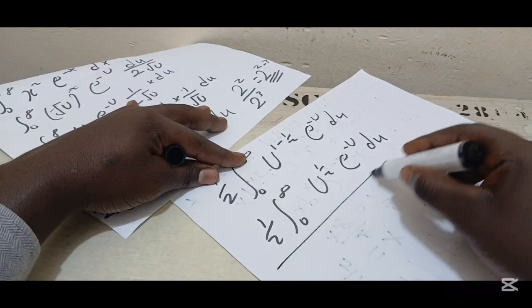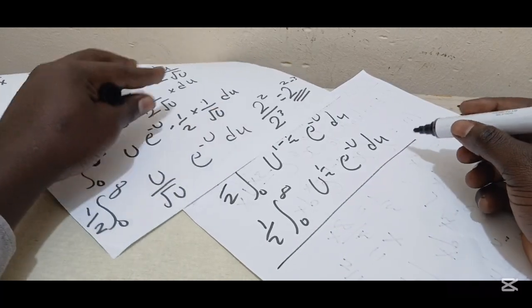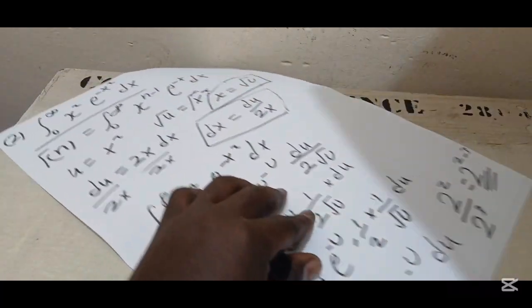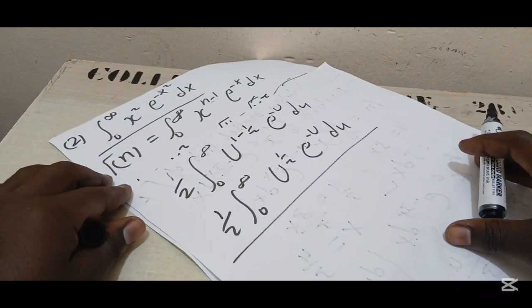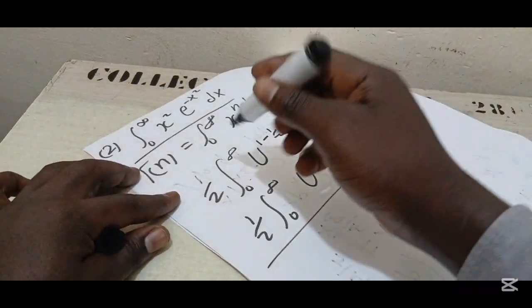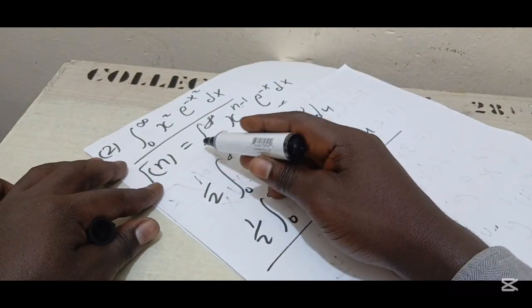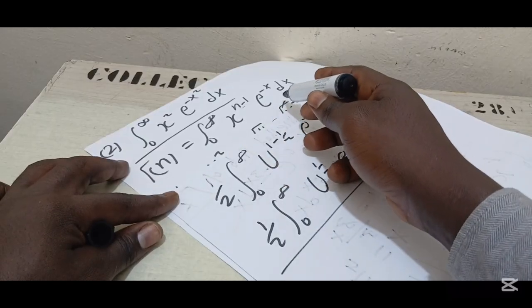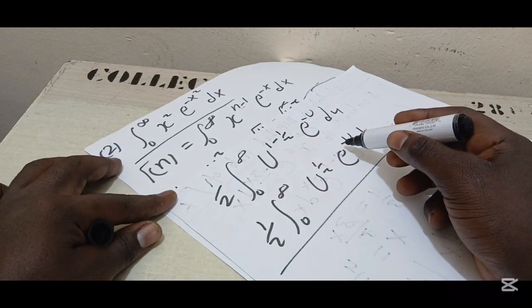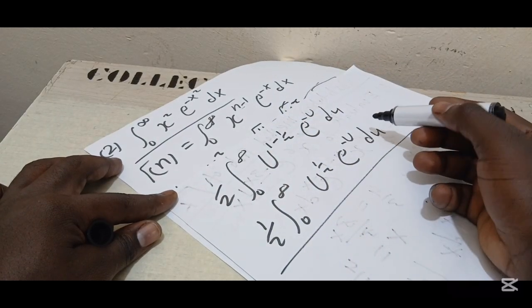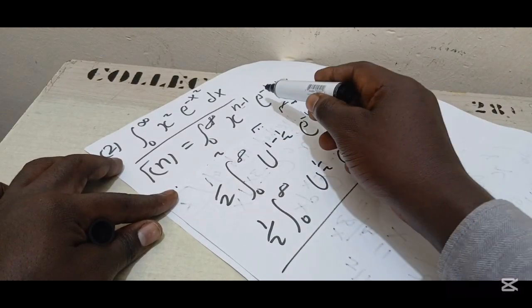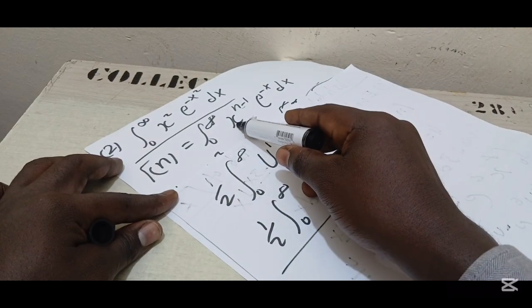So at this point, you can see that this one here is similar to our general gamma functions formula, right? We have the exponent of e to be just a minus term, and then this one right here.